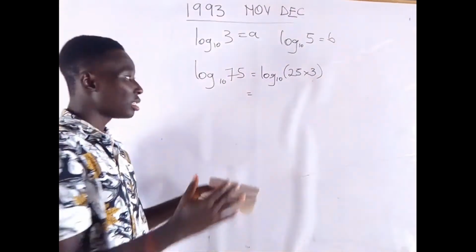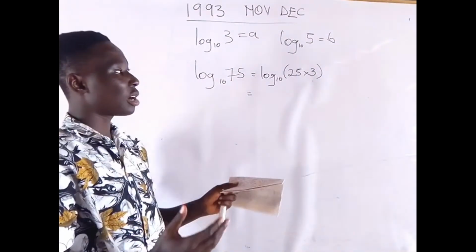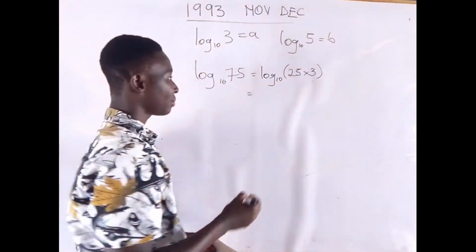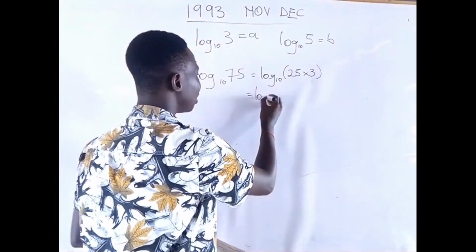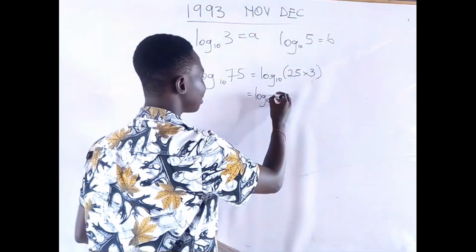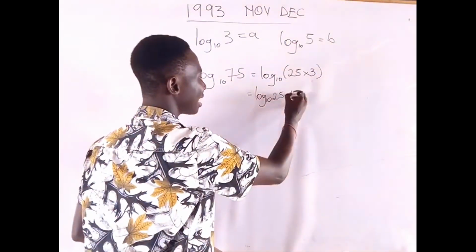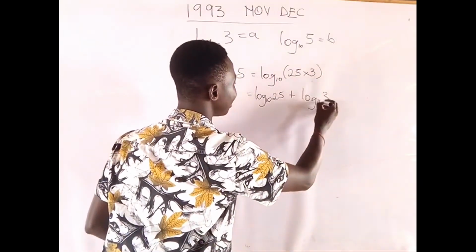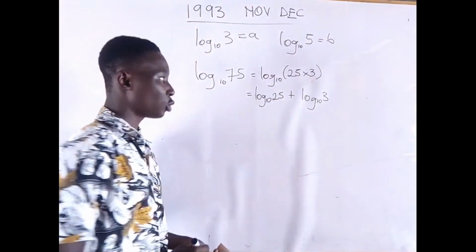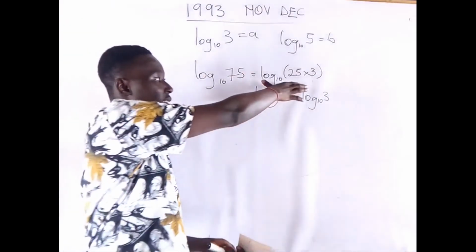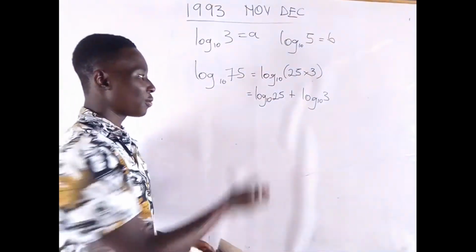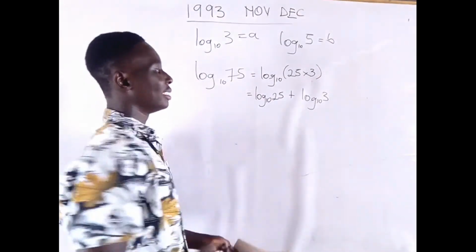When you want to change it from single logarithm, the multiplication here is going to be addition. So we're going to get log base 10 of 25 plus log 3 base 10. So we have changed it from single logarithm to that of an open one.